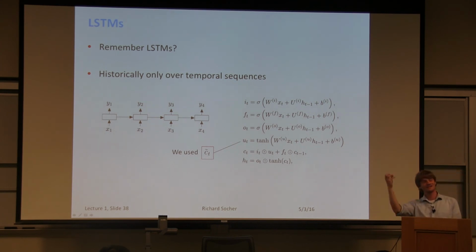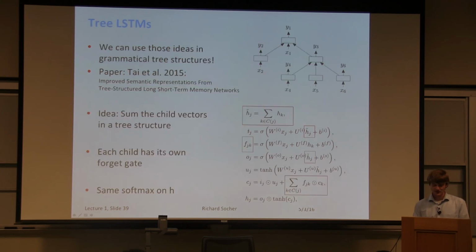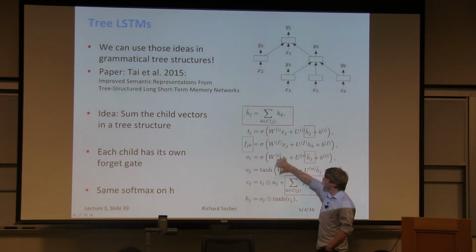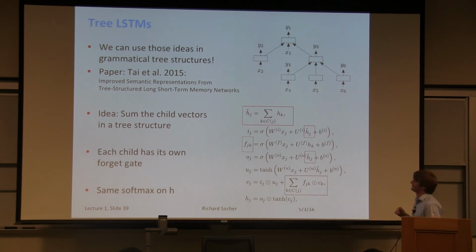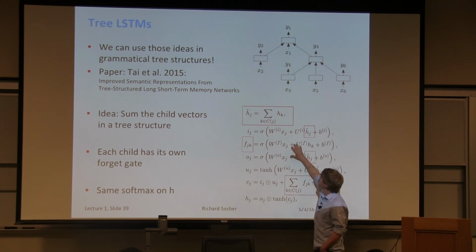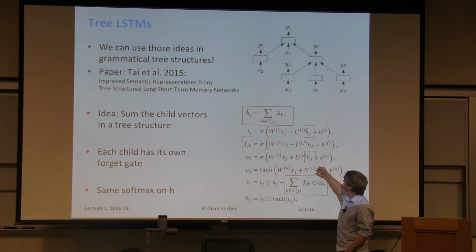So you can actually take all these ideas we had for recurrent neural networks with LSTMs and apply them in the recursive setting too. And the main difference that we have here for standard LSTMs, remember we had all these input gates, forget gates, output gates, and so on. Well, it just gets a little crazier when it comes to the tree-structured LSTMs from Kai Sheng Tai, but really there's a very similar idea.